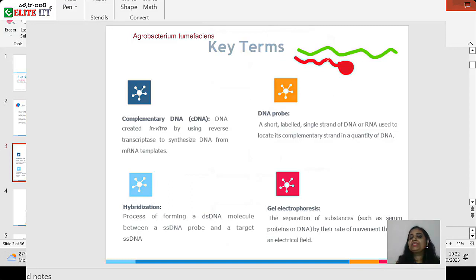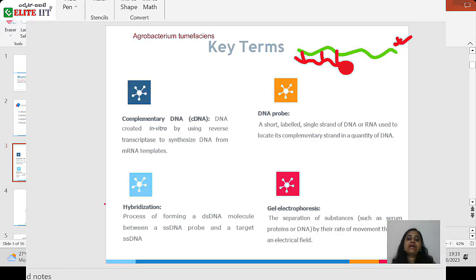Whenever this probe attaches to the complementary strand, you can identify the single strand properly. So to identify any DNA or RNA, a probe is used: a short labeled single strand of DNA or RNA used to locate its complementary strand in a quantity of DNA.